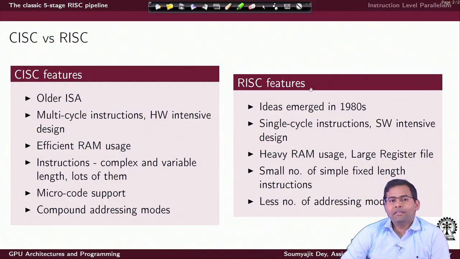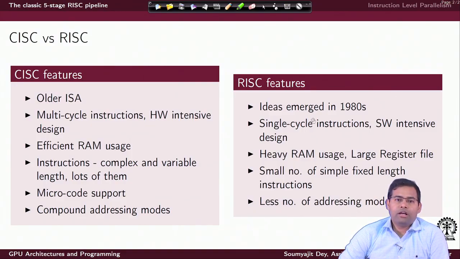That is why we say CISC is a hardware intensive design, because there may be more specialized hardware for specific kinds of instructions, and RISC is more of a software intensive design, because I am breaking every task into small atomic instructions, which would mean for every task I will generate a lot of instructions in software terms.